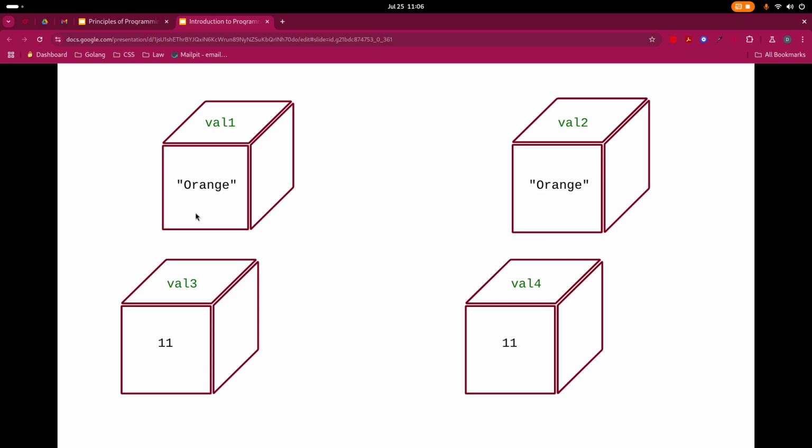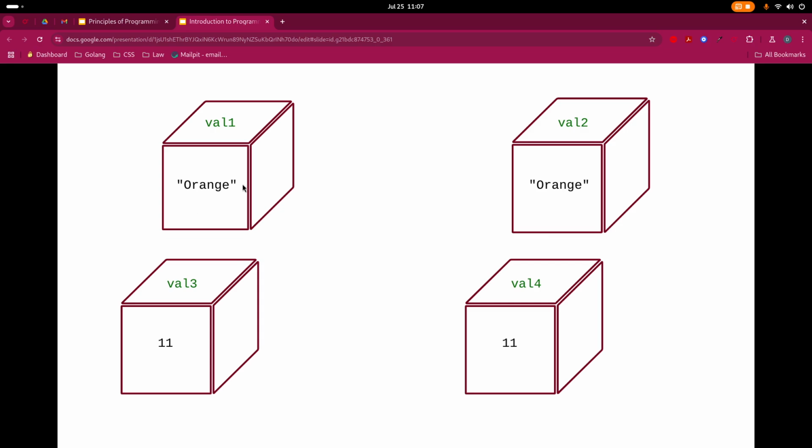Okay, so I hope that made sense. The key takeaway from this lesson is that when we want to store some value, we put it in a box, and we can have multiple boxes. If I want to move one value from one box to another, then when I move that value to the new box, the current value in the new box will be overwritten.